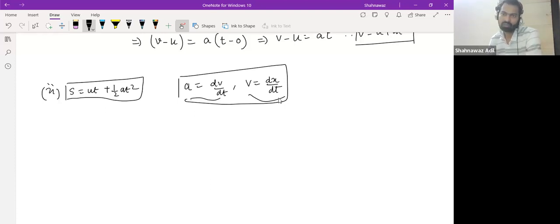So let's see this differentiation. This has acceleration, speed, and time. So this does not contain distance, right? And in this differentiation, we have speed, and this is distance, and this is time. So this differentiation contains distance, right?